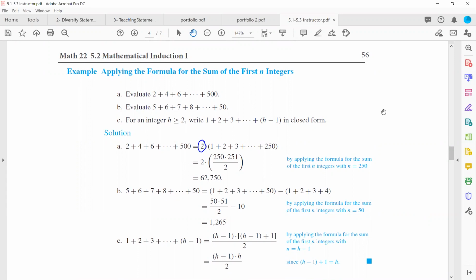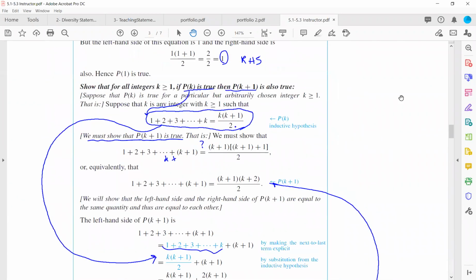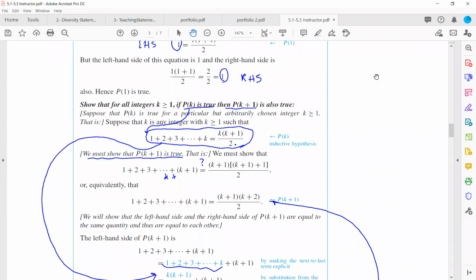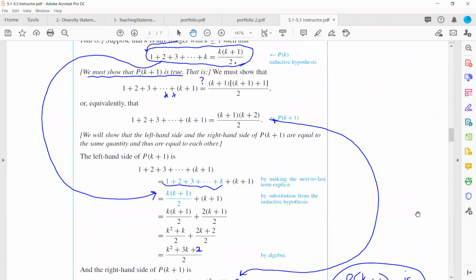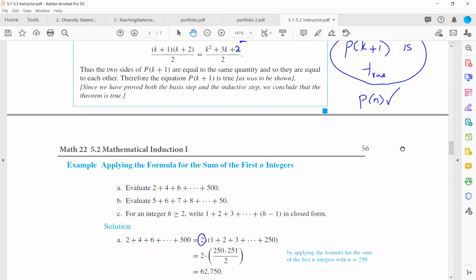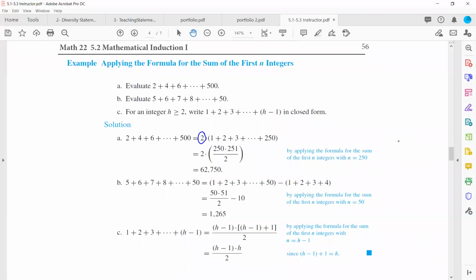We can apply the formula that we learned in the previous theorem. The sum of 1 plus 2 up to n is equal to n times (n plus 1) divided by 2. And here our n is equal to 250. So you have 2, you copy down your 2, 250 times (250 plus 1) divided by 2. So you can cancel out 2 and 2. The sum is equal to 62,750.